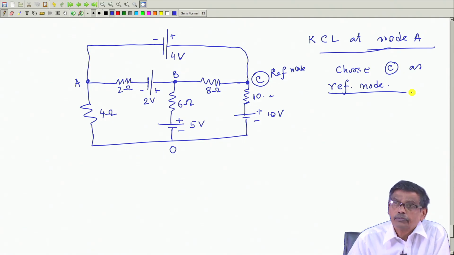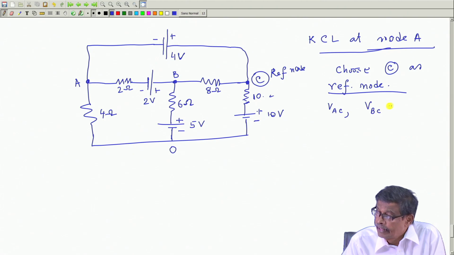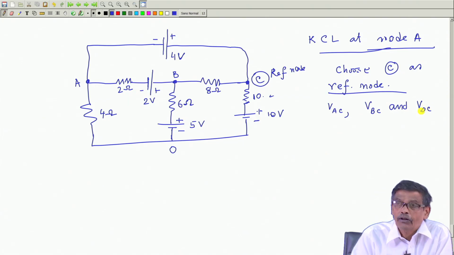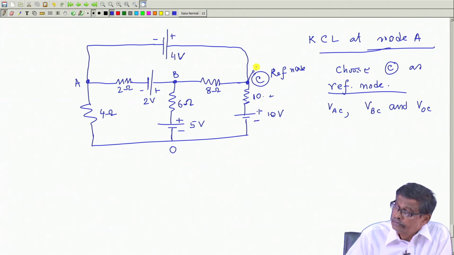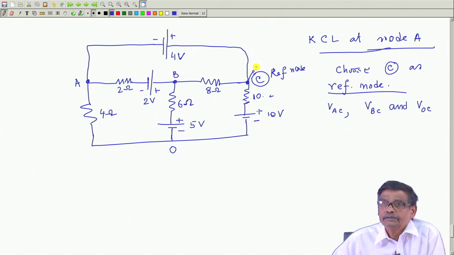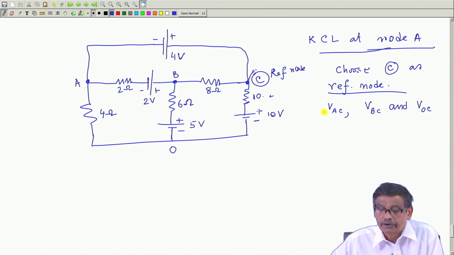Which node voltages are to be found out? I have to find out VAC, VBC and VOC. With respect to C, all the potentials I will define. This I have chosen as a reference node. So, these voltages are to be found out now. With respect to the reference node C, all the other node voltages are specified. That double suffix, we are sure about what it means.